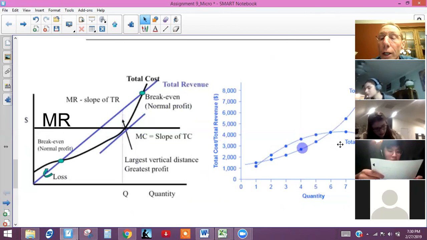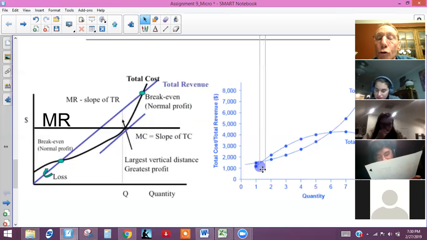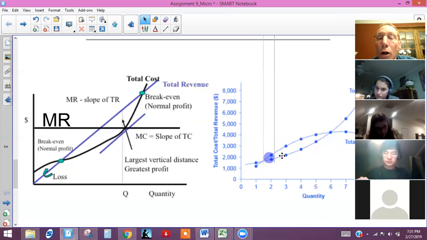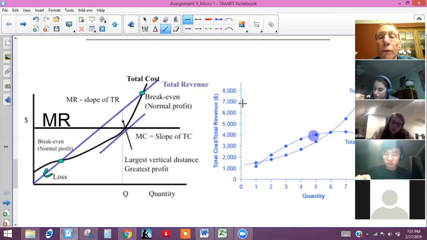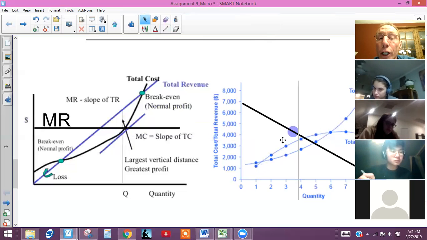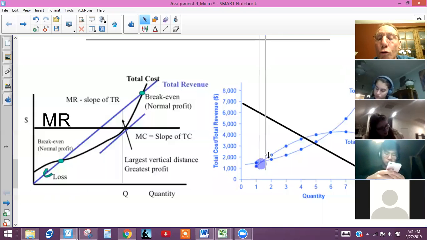Now, what's different over here is the total revenue curve is constantly changing. The increase in total revenue is getting smaller and smaller and smaller. So the marginal revenue for that total revenue curve looks something like that, right? Because as we produce more, the increase, the difference, is smaller.